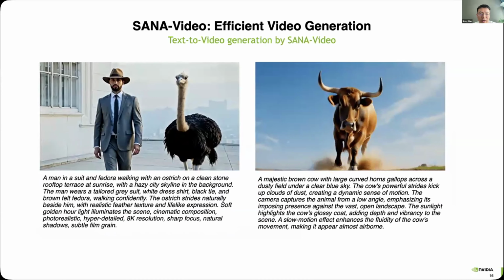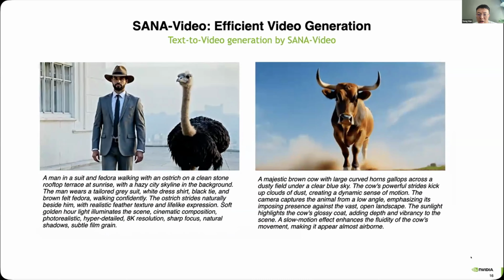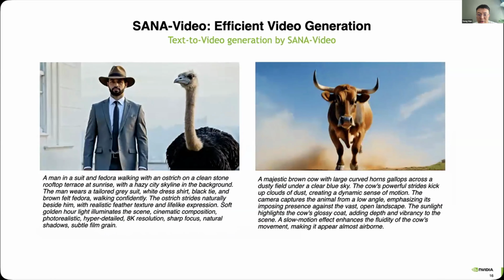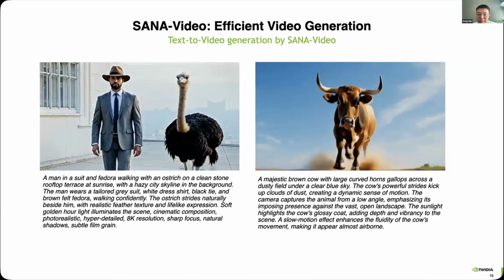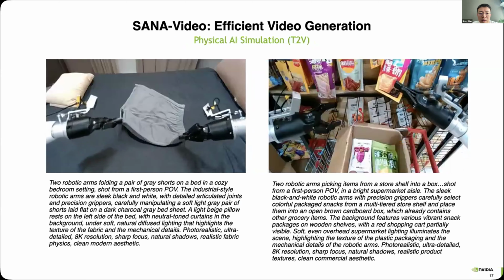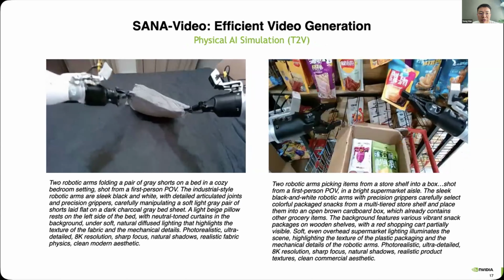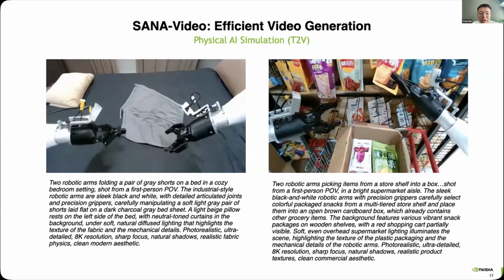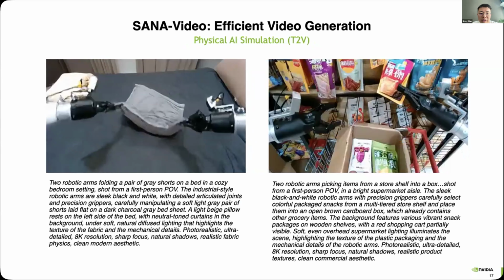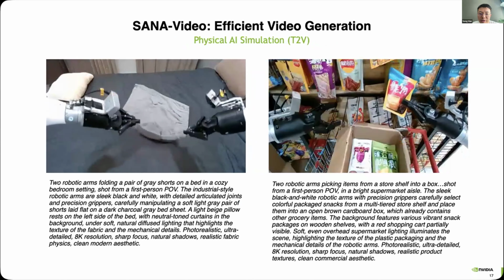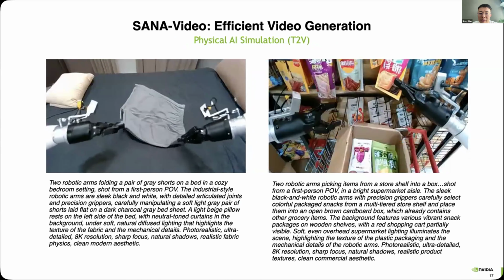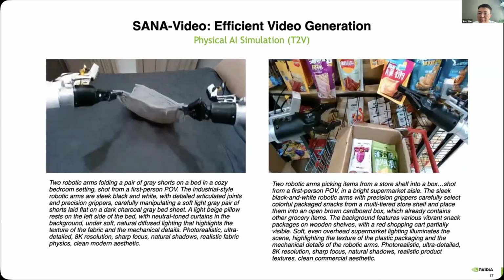A cow and an ostrich running across the field. And here are applying SANA for physical AI simulation to generate robot data, robot arm data to augment the data generation for physical AI applications.